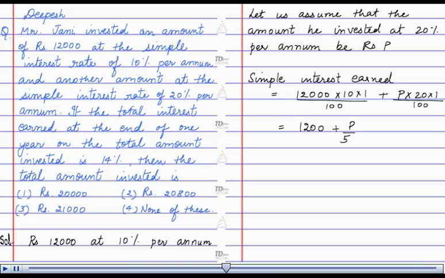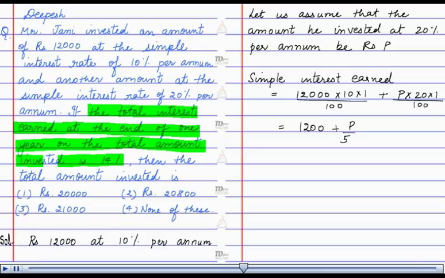Now it is also mentioned in the question that the total interest earned at the end of the year on the total amount invested is 14%. That is, this interest is equal to the interest obtained on the total amount at the rate of 14% per annum.